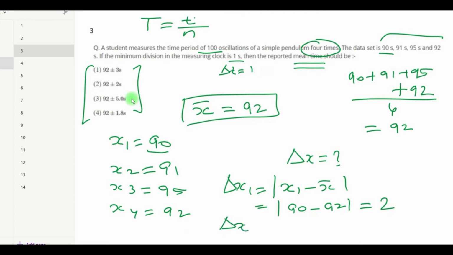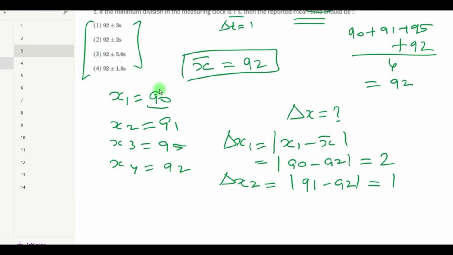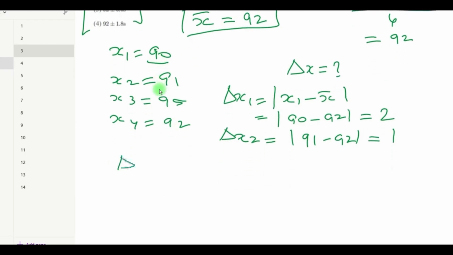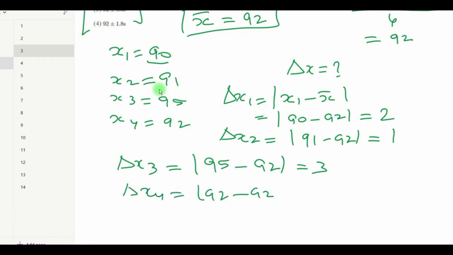Similarly, delta x2 stands for how far this value is from the average. That will be 91 minus 92, which will give us 1. Similarly, we find out delta x3, how far x3 is from the average value, which is 95 minus 92, which will give you 3, and delta x4 is 92 minus 92, which is 0.